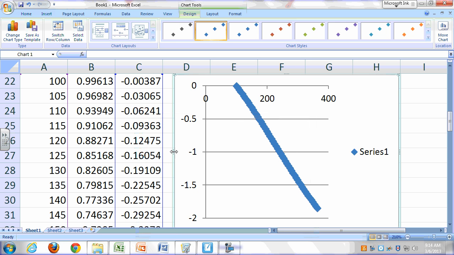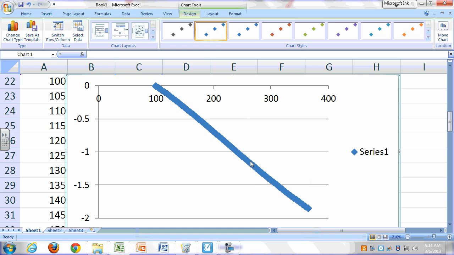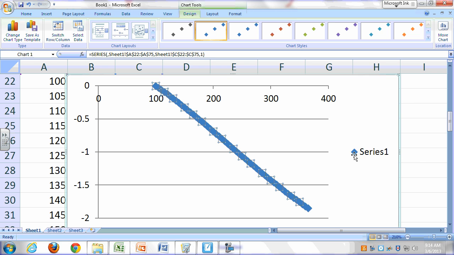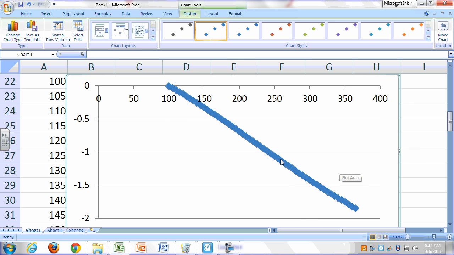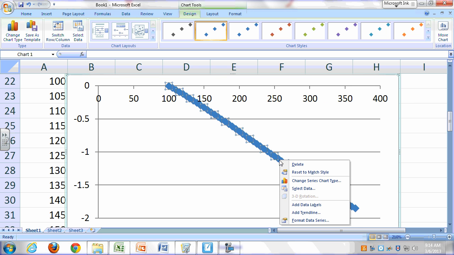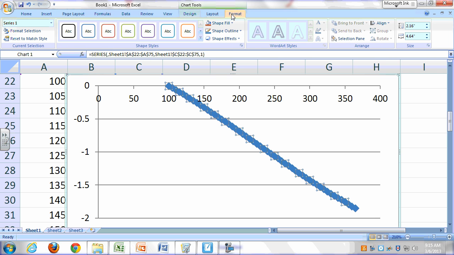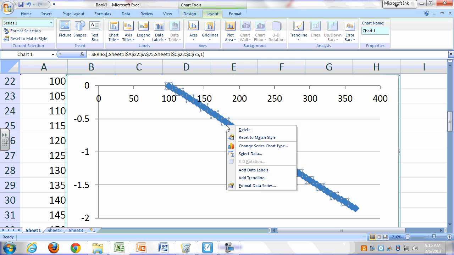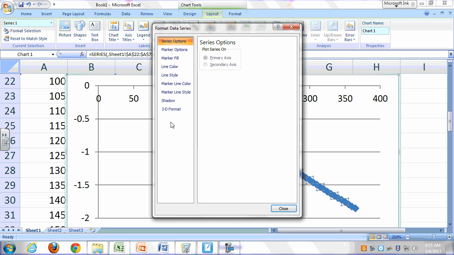It's too crowded, so let's make our data points smaller. Marker style. How do I do marker style? Format? No? Layout? Format data series, marker options.